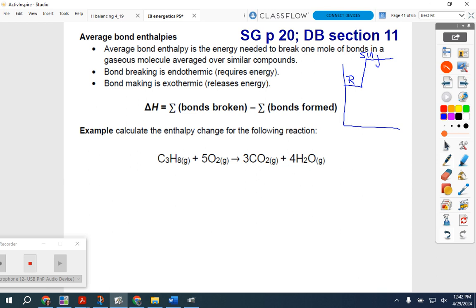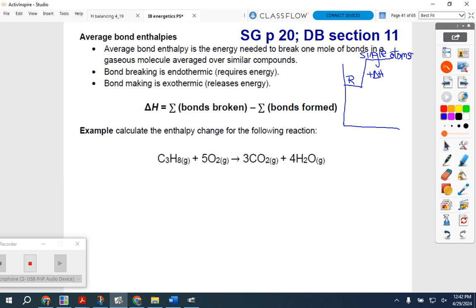So O2 would break down into two individual oxygen atoms. Okay, so we're putting energy in to break all those bonds.